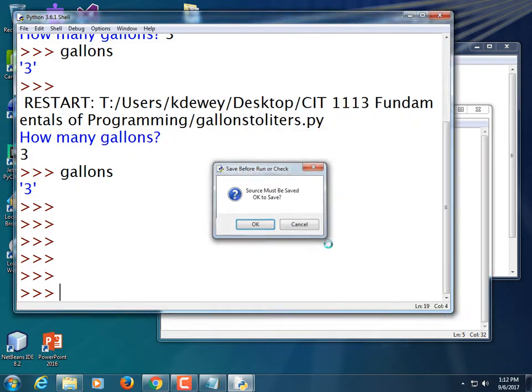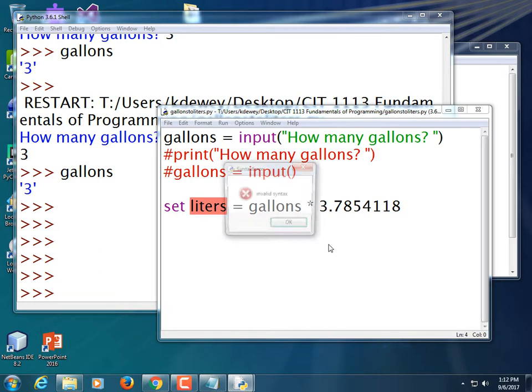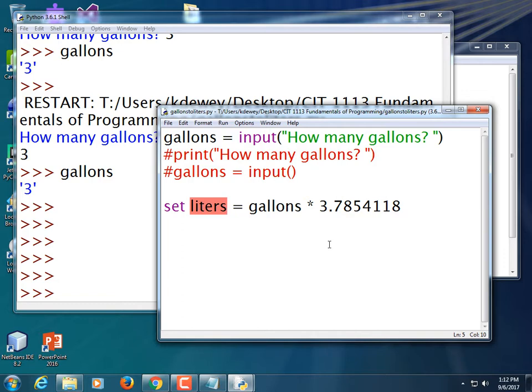I'm going to run this, see what it yells at me about. Whoa. What's wrong? Let's try it. Let's run it again. Invalid syntax. Okay. Set gallons as a float. Oh, okay. Let's try that.